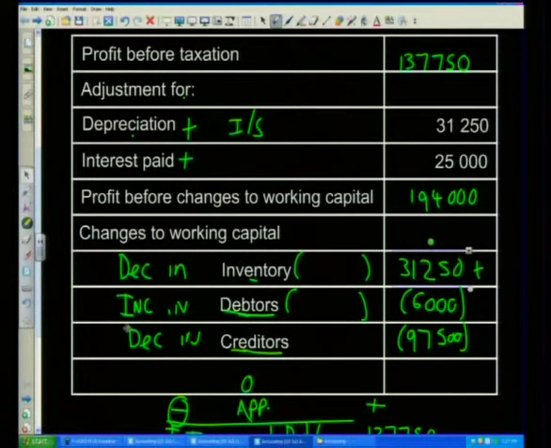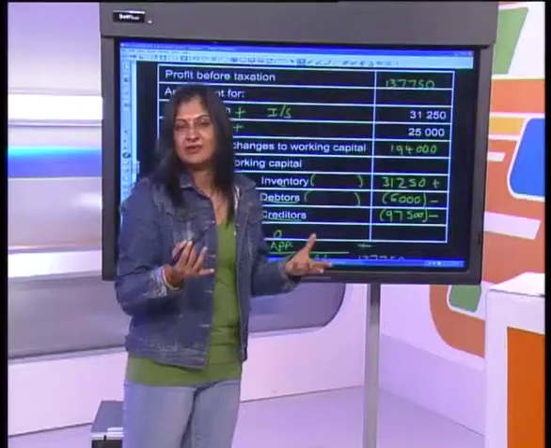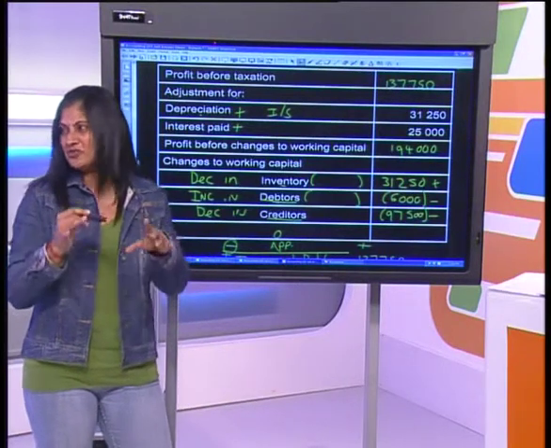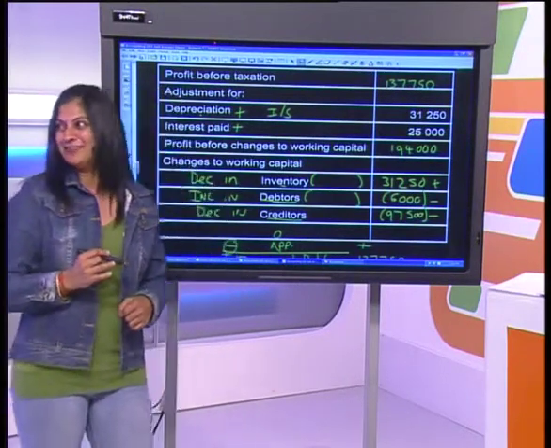Whatever is in brackets needs to be subtracted, and I will then end up with my cash generated from operations. You guys can do that at home. It's straightforward, just punching in figures on your calculator.